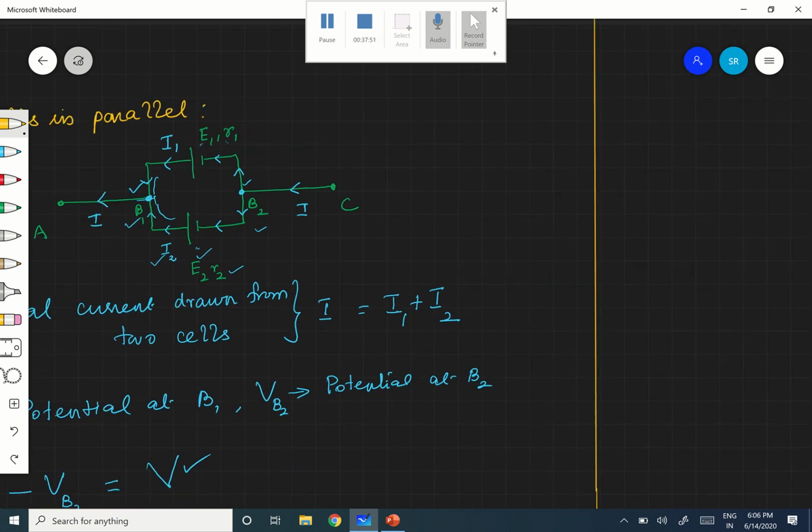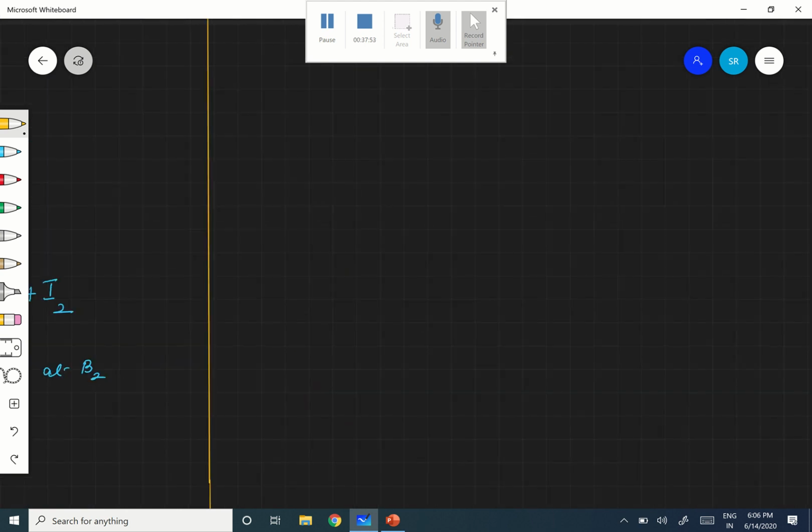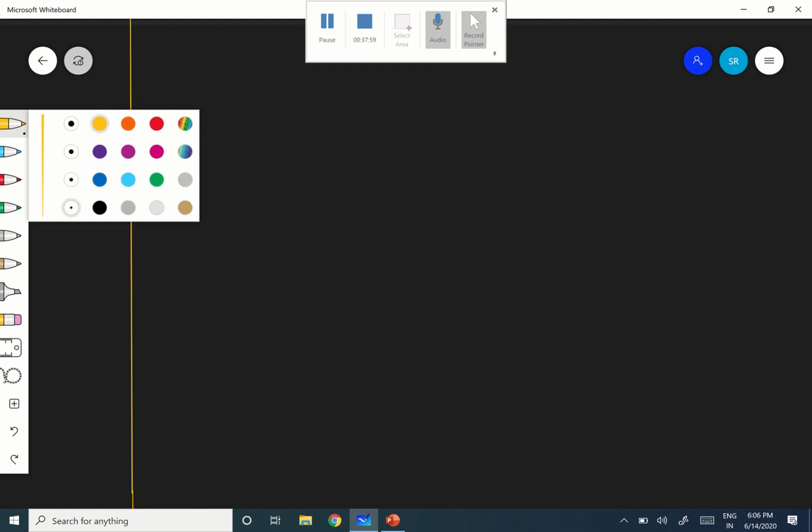But now I want grouping of a number of identical cells. Let us see what will happen if I group a number of identical cells. Therefore, grouping of identical cells.